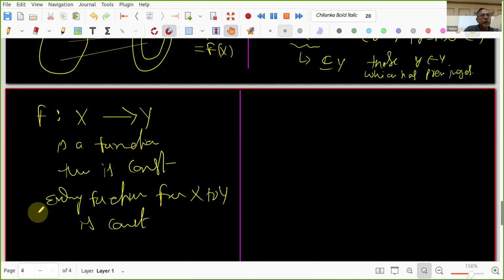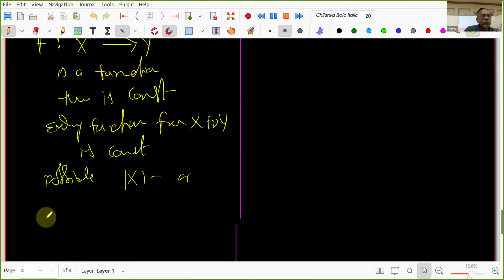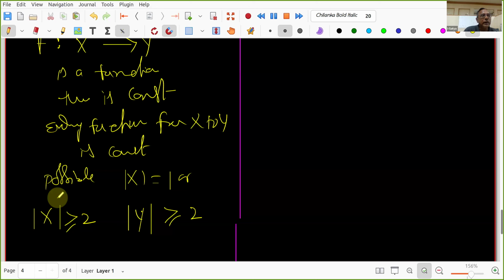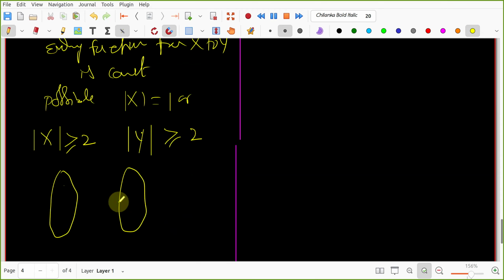For example, if my X has 2 or more elements, and Y also has 2 or more, then what happens? If cardinality of X is greater than or equal to 2 and cardinality of Y is greater than or equal to 2, can you construct a non-constant function? Yes.